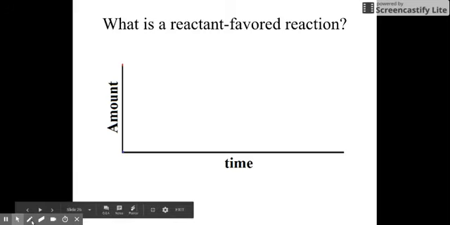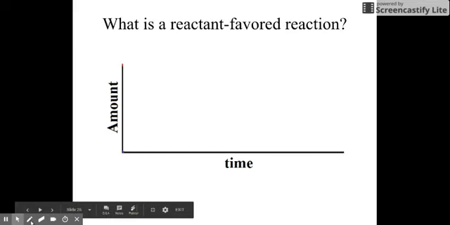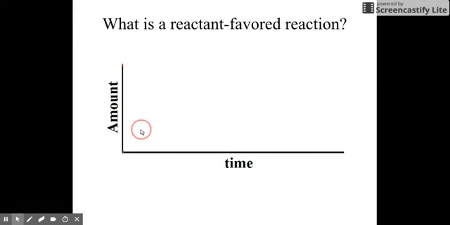Let's now analyze that. If we have a reactant-favored reaction, you will still start at zero for the products. Sorry, my pen is not functioning right now. And for the reactants, you'll always start at a certain value, then you go down. However, in the end, your reactant should still be of higher amount compared to your products.